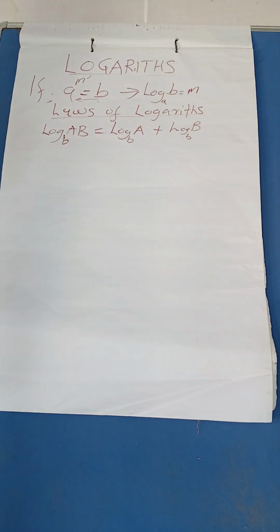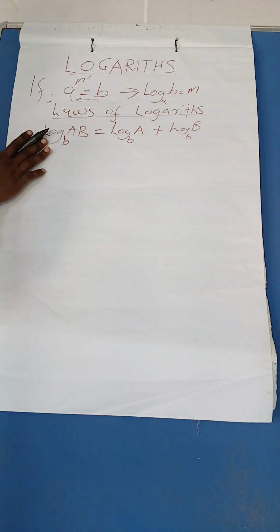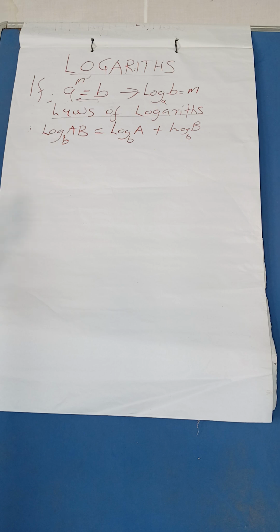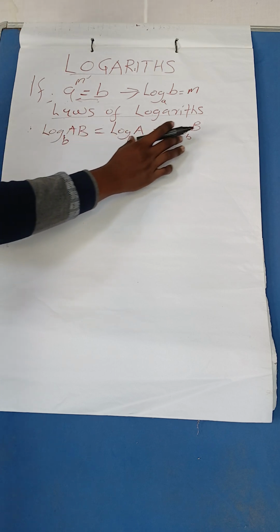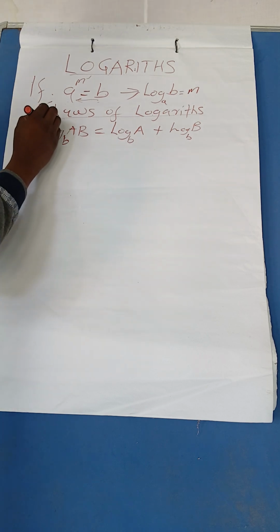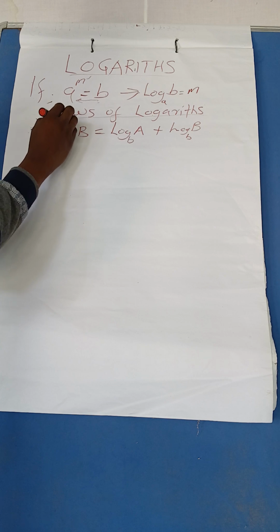So that is how it shows. This is multiplication, so this is how you treat it when given in multiplication form. When you split them, the sign that appears will be addition.